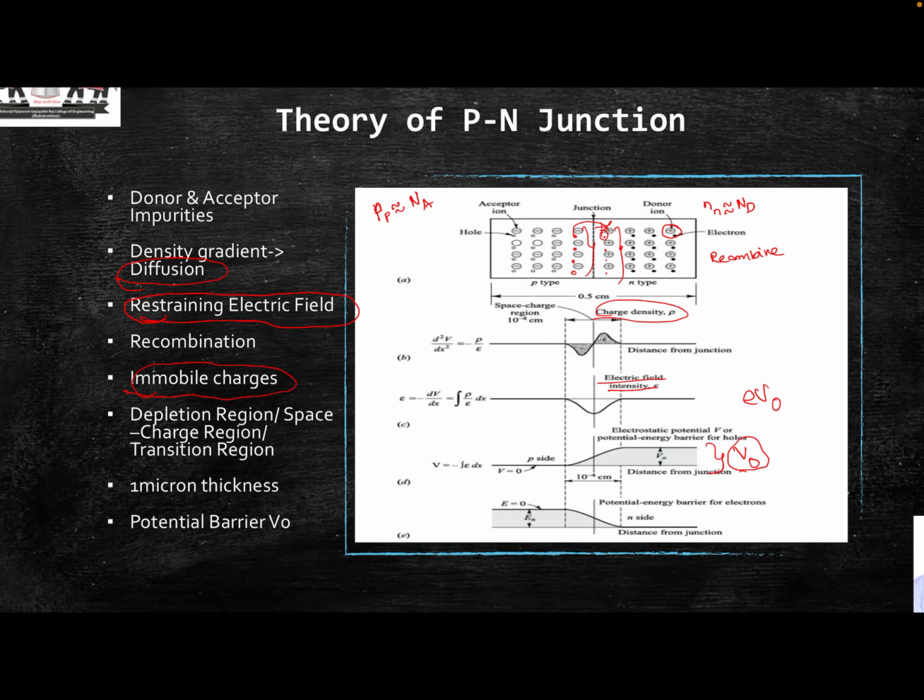Because this region does not have any mobile charges, it will not allow any conduction of current. This depletion region is of the order of 1 micron thickness, and 1 micron means around 10 power minus 6 meters. Next, we shall see how a PN junction is used as a diode.